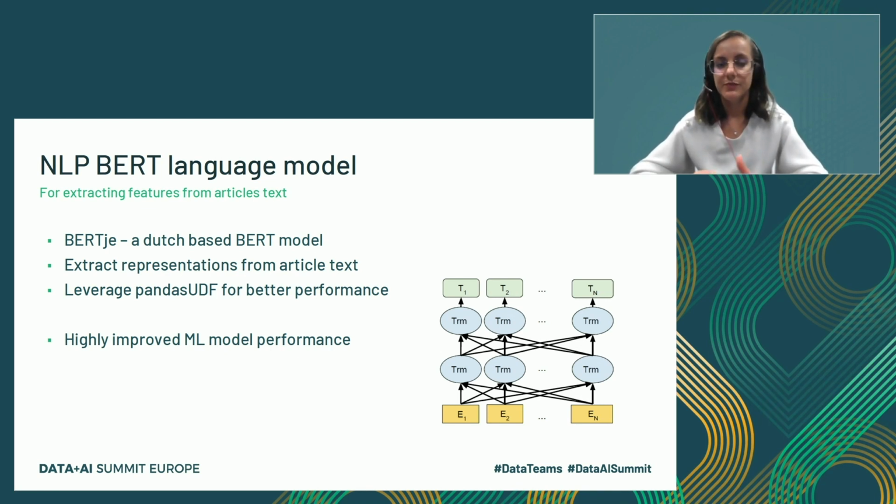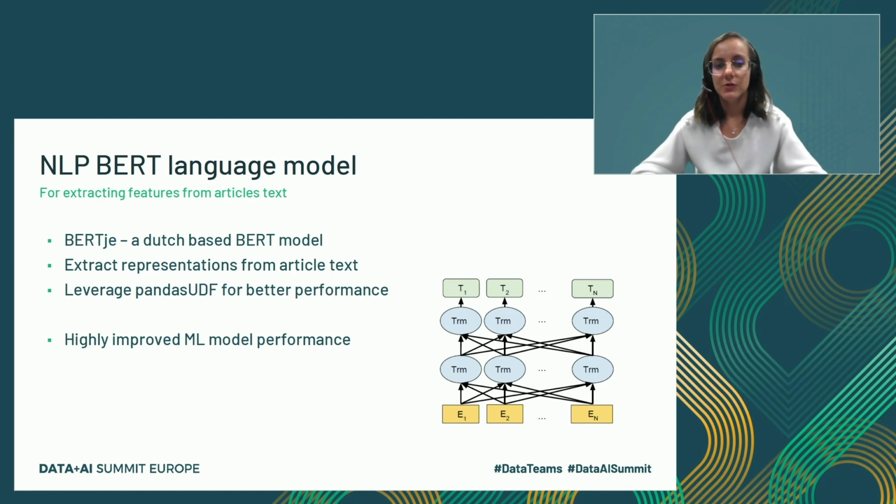Therefore, we chose to use the BERT model that was published in a paper in 2019. We used this, but it was not available out of the box for Spark, so it was not possible to use it from the Spark NLP library.